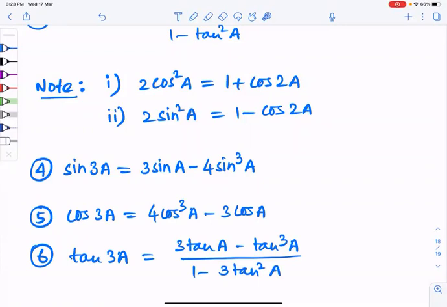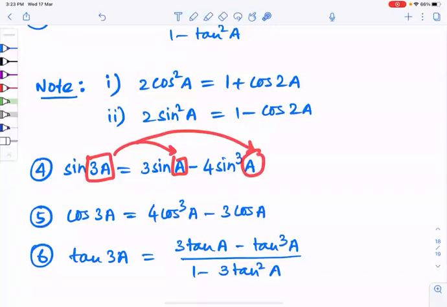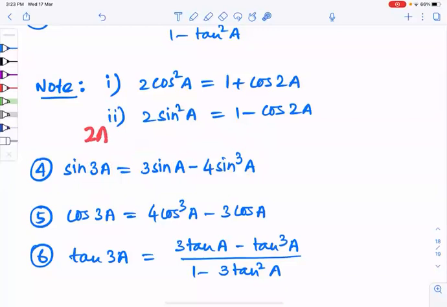How did I get this formula? Here I have 3 times a angle, and this side we have just a. Previous one was converting 2a to a. Now this one is converting 3a to a. How did I get it? You can think sin 3a is equal to sine of 2a plus a, and apply the sine of a plus b formula.